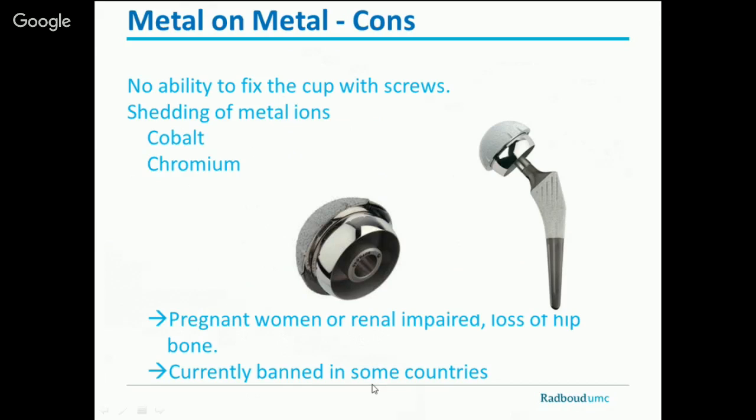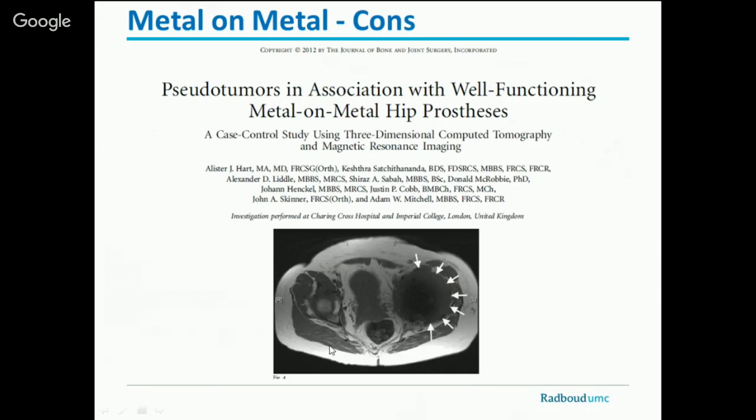In some countries they say you should not use metal-on-metal articulation because we do not know how toxic these metal particles are. So there is a lot of discussion now, and I show you here an MRI scan of tissue that is basically a kind of inflammation. This is a response to the metal particles, and we call it pseudotumors.